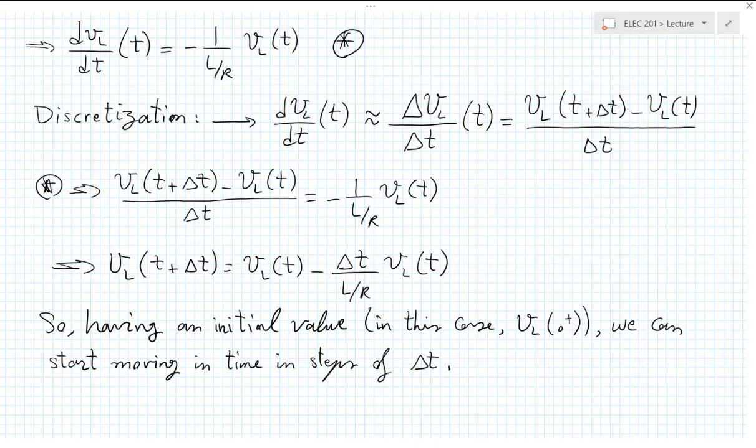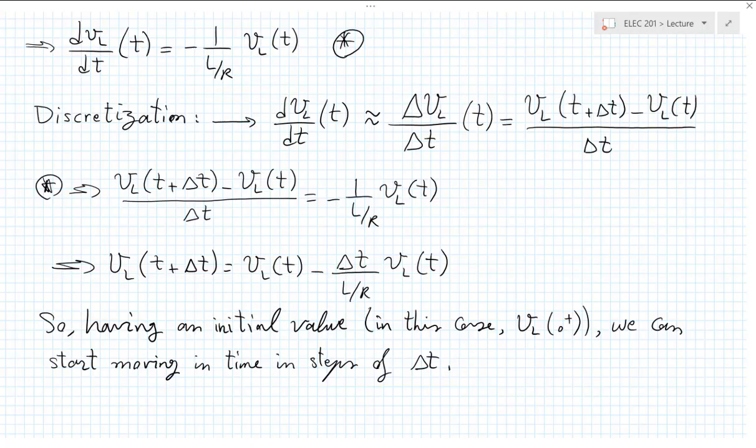So imagine delta t is 1 millisecond. So I know the value at 0. I plug it in here. I'll calculate the value at 1 millisecond. And then I'll put the value at 1 millisecond here. I'll calculate the value at 2 milliseconds, and so on and so forth. And I can track this behavior in time.